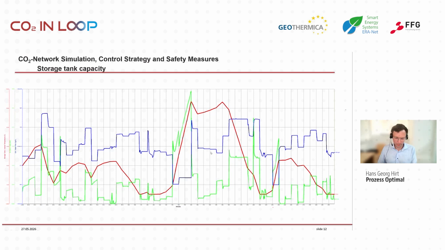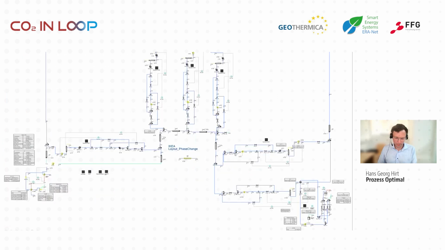And to show you the whole network, I prepared also this slide where you can see the integration of the user station I showed you. And we have this for every consumer, including a small pump, making the pressure difference of the network.